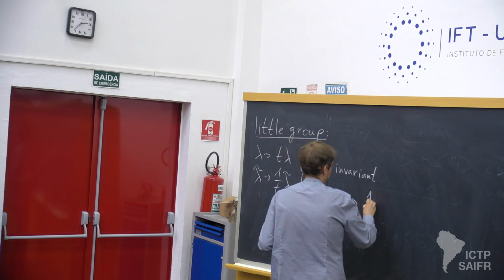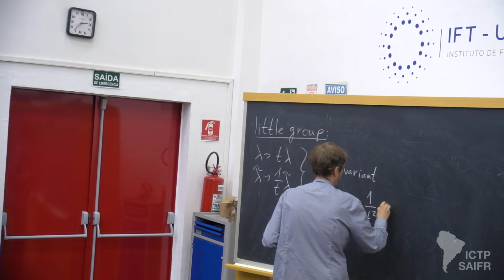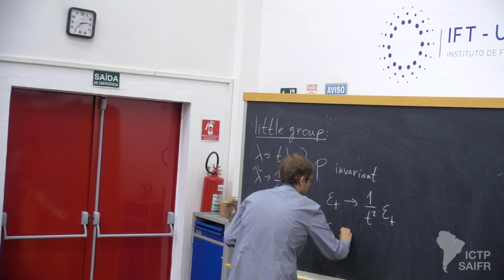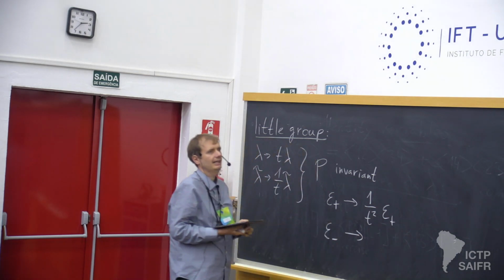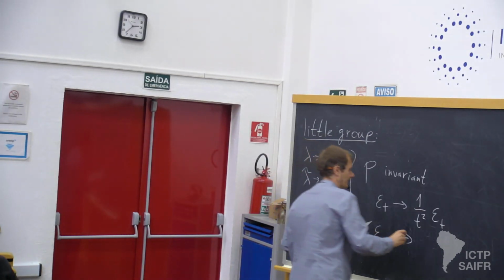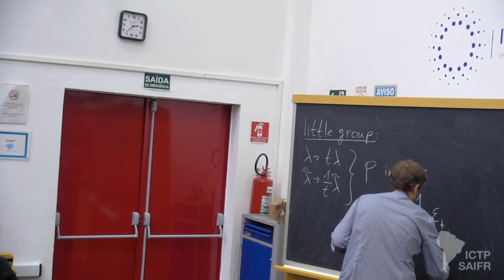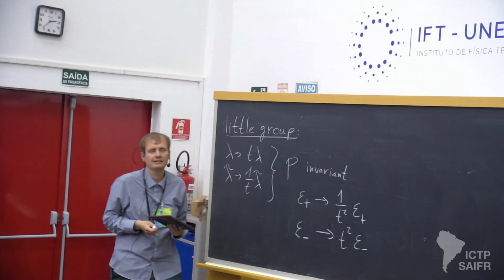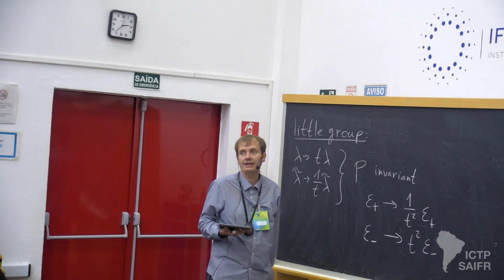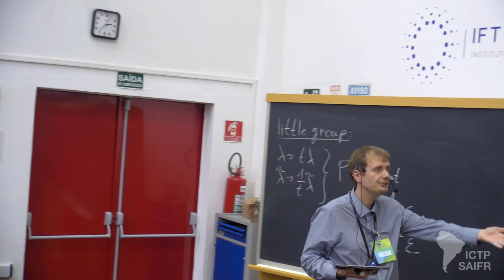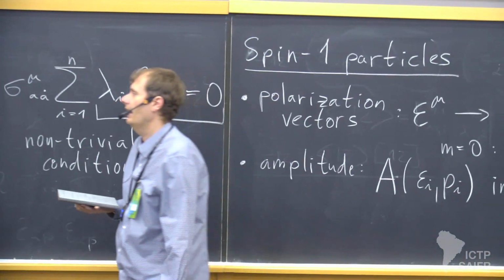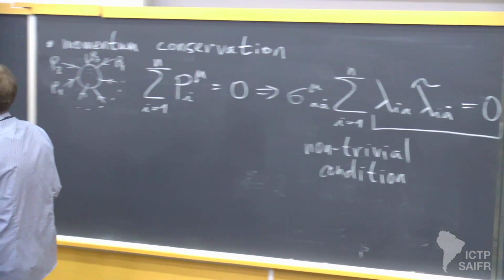So under this transformation, it will scale like 1 over t square. And epsilon minus has lambda in the numerator and lambda tilde in the denominator, so it will scale like t square epsilon minus. That makes sense because the amplitudes are also not invariant. The polarization vectors in the original representations are not invariant under the little group transformations, and in the spinor-helicity variables they are not invariant either.